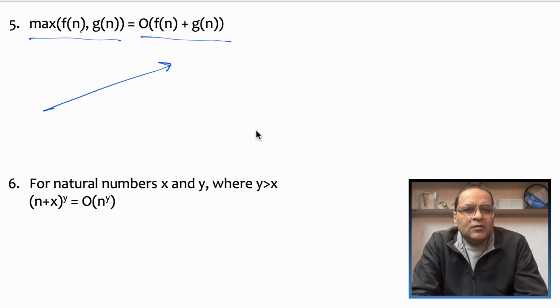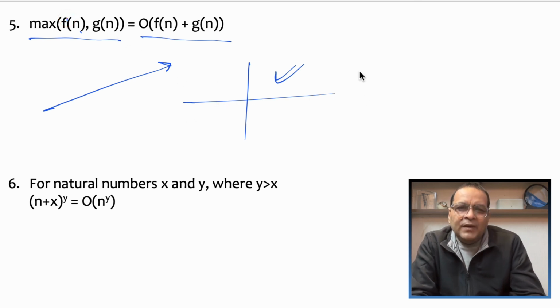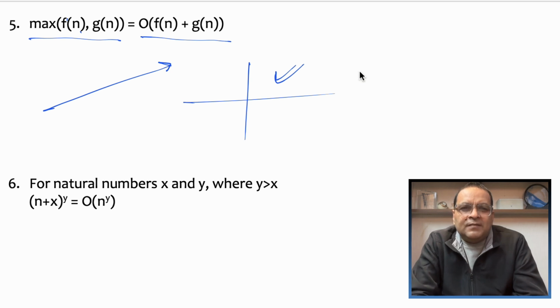I have told in the video also that we are dealing with only the first quadrant of the Cartesian plane. It means that the size of the input passed to the function is positive and the function value is also positive. So if both f and g are positive functions, then f plus g will be higher than the maximum of f and g. That's why f plus g will provide an upper bound to the maximum of f and g.